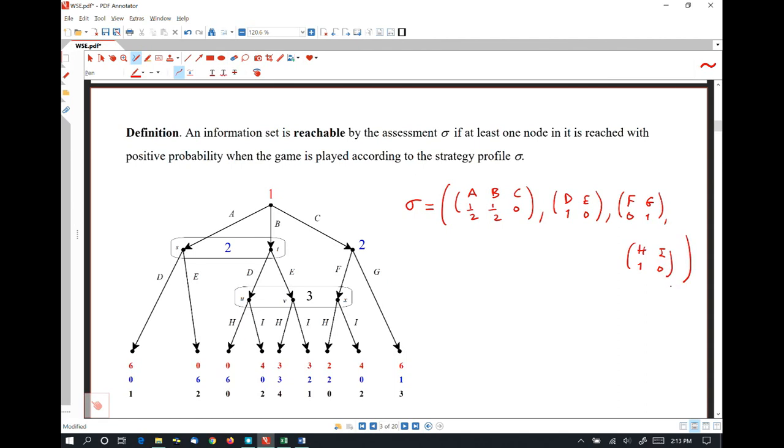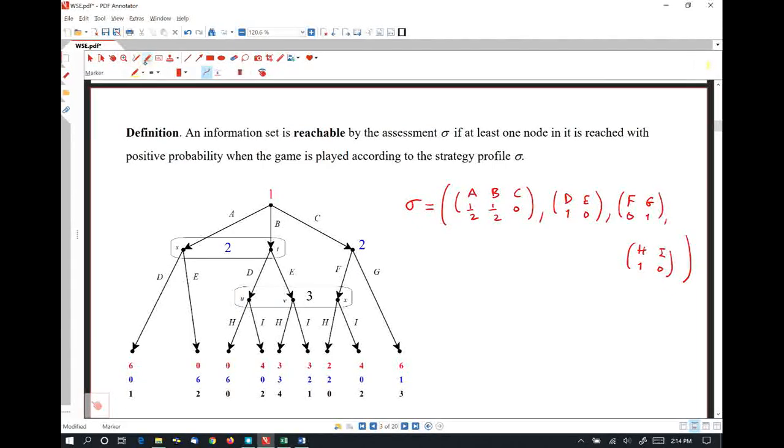So take this behavioral strategy profile, and then see which information set we get to with positive probability with this strategy profile.